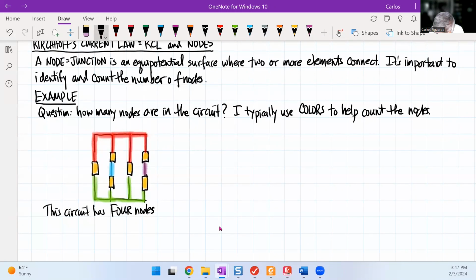Another circuit that we can do here is that we can also play this game where we go, here's a node. And then let's say that I have another element here.